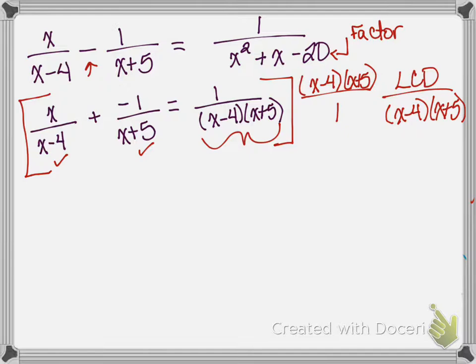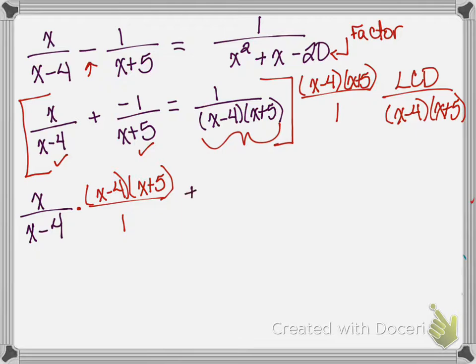Okay. So I have x over x minus 4 times x minus 4, x plus 5. Okay.